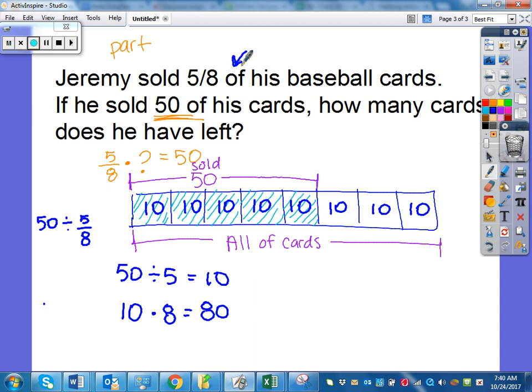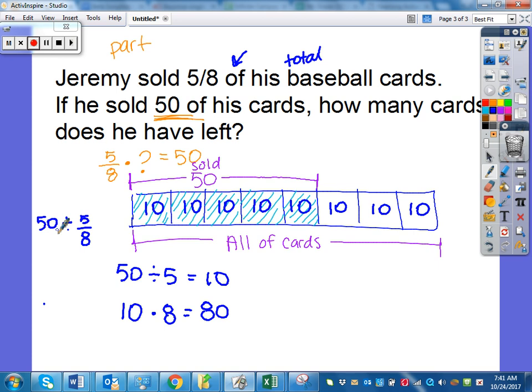And they don't always mean to multiply. I viewed 5/8 of his total baseball cards, but we didn't know the total baseball cards, so we couldn't just multiply the two numbers together. This would be a division problem where I have to divide it into groups of 5 first, then I can multiply it by 8.